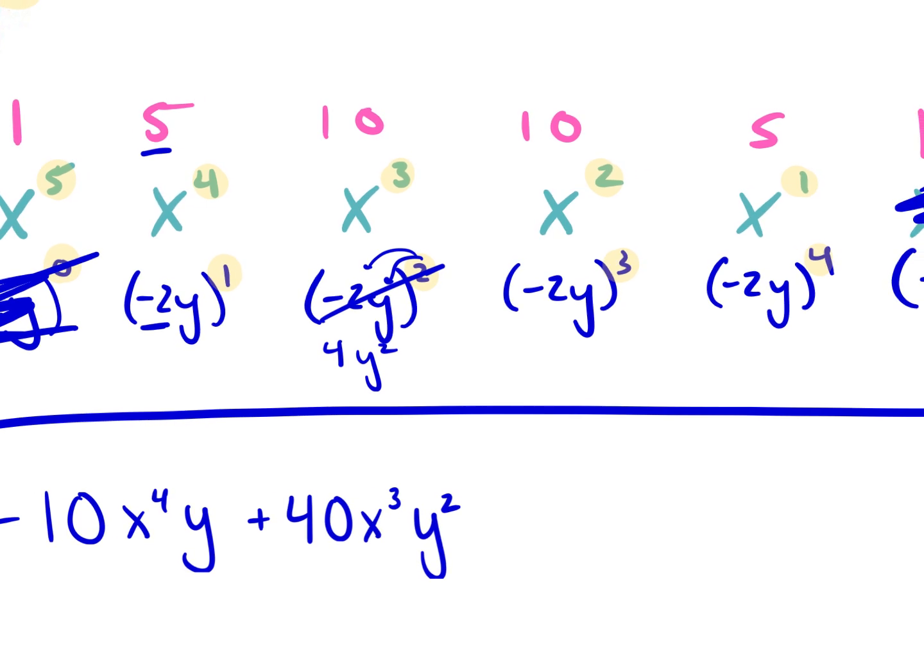Next, same thing with the next column. We have negative 2y to the 3rd power. I have to distribute. What's negative 2 cubed? Negative 8y cubed. So negative 8 times 10 would be negative 80, x to the 2nd power, y to the 3rd power.